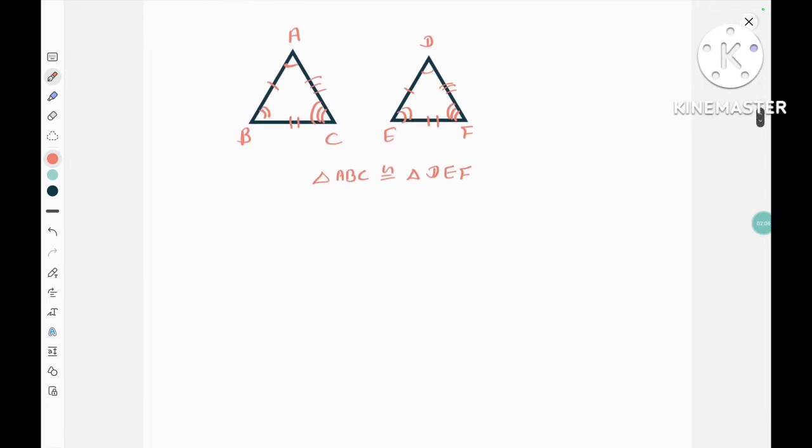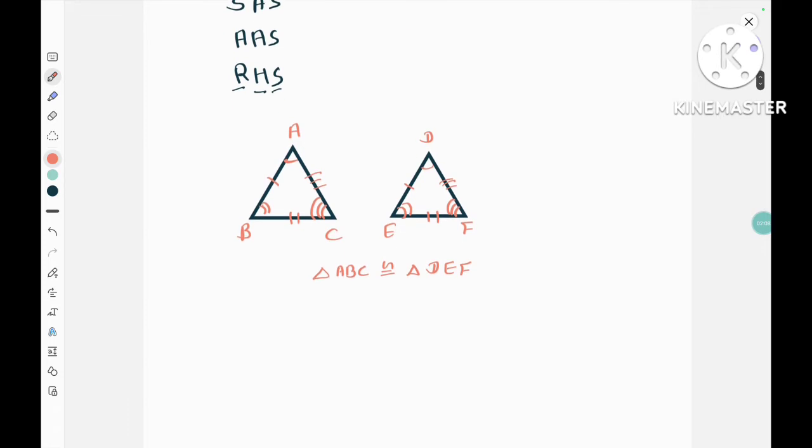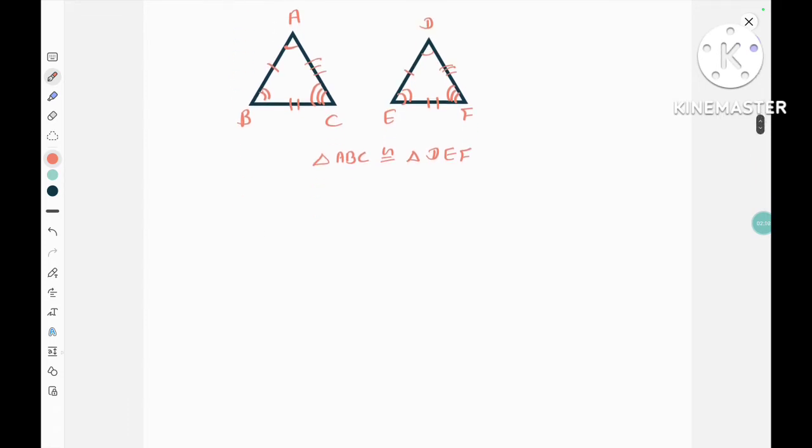Okay, let's move to the second rule. For the second rule, let's first draw the triangle. This is not a scale drawing. So here, the second rule. The first one is under SSS, these two triangles are congruent.